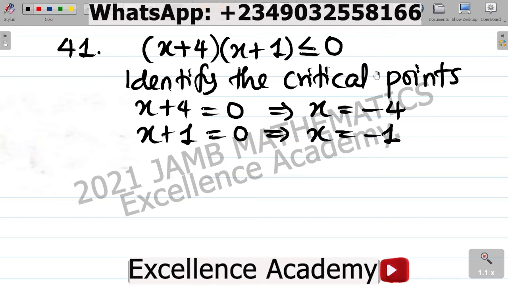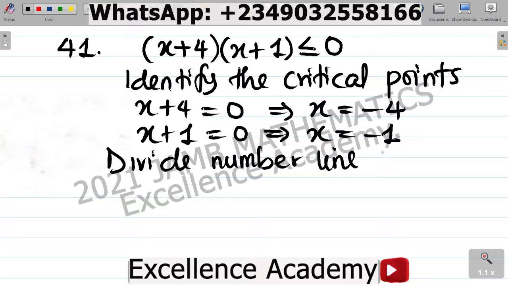All right, we want to get critical points by equating the term in the bracket to 0. The next thing we do is that we'll divide the number line into 3 intervals.